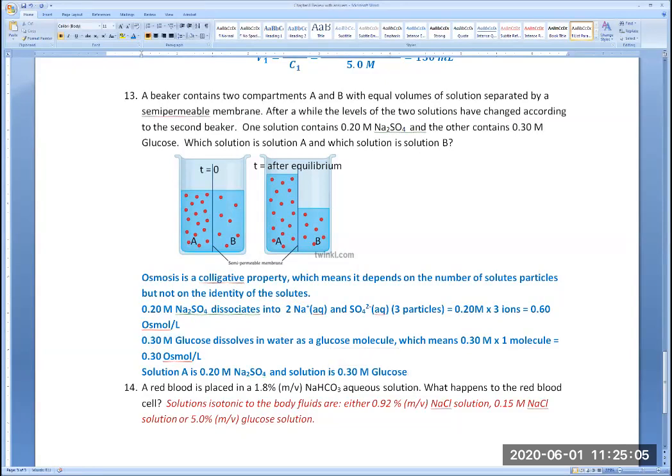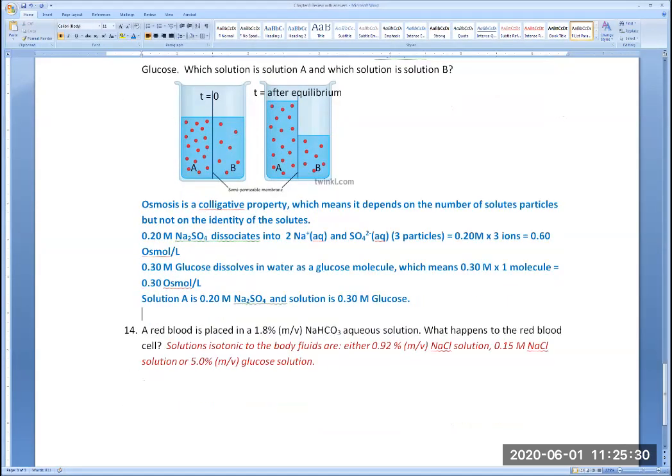We know this because the Na2SO4 has more particles per unit of volume than the 0.30 molar glucose. So the water will want to go from low solute concentration to high solute concentration to try to equalize the concentration. That's what osmosis is about.